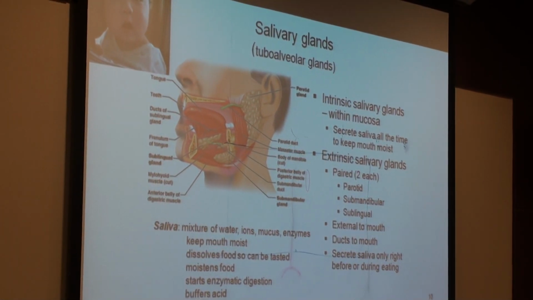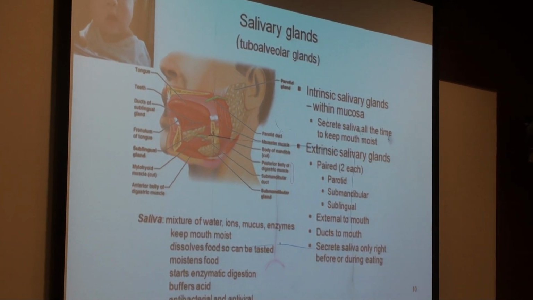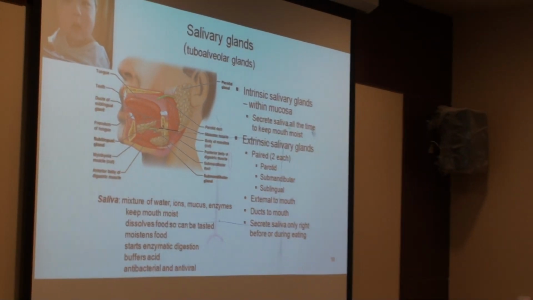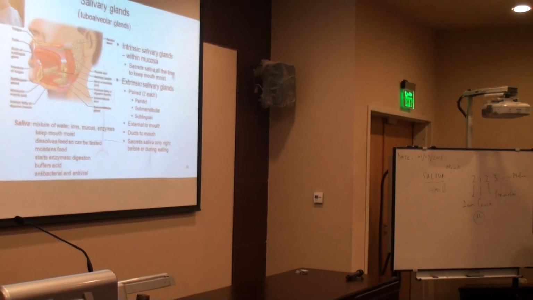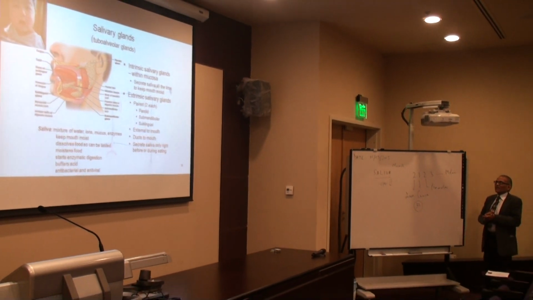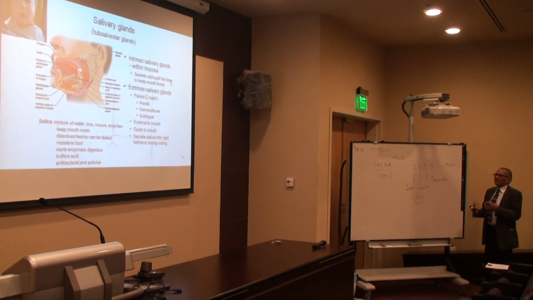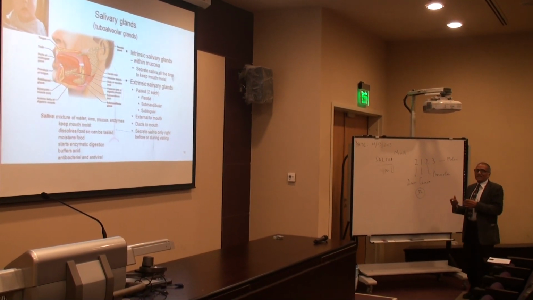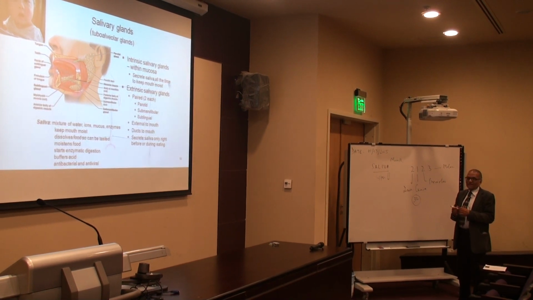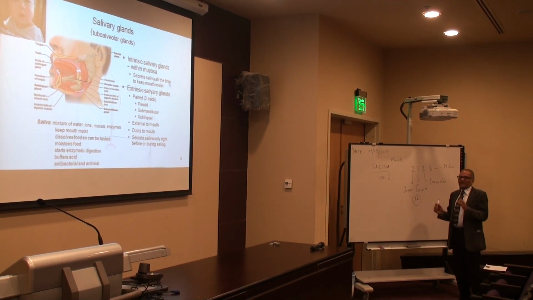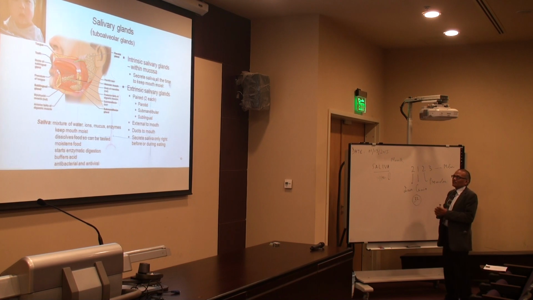This gland has a duct which opens in the mouth opposite to the upper second molar tooth, and it adds to the saliva. The main quantity of saliva is added by this gland. Another set of glands are the sublingual and submandibular glands. They also add to the saliva.